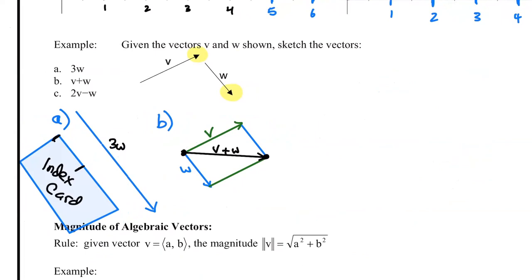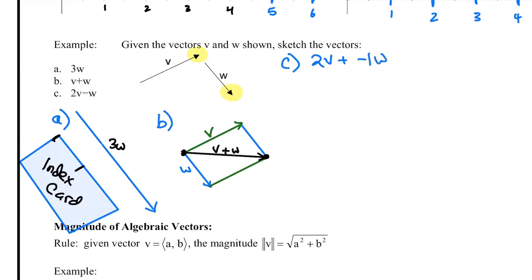All right, so for C, I need 2 times the length of V and then minus W, but really that's 2V plus -1W.